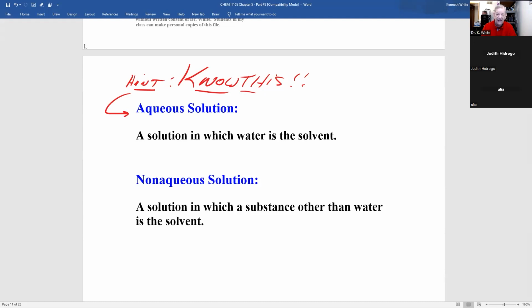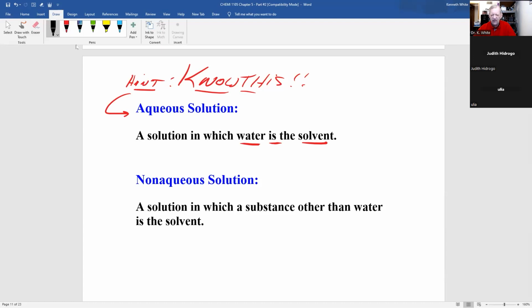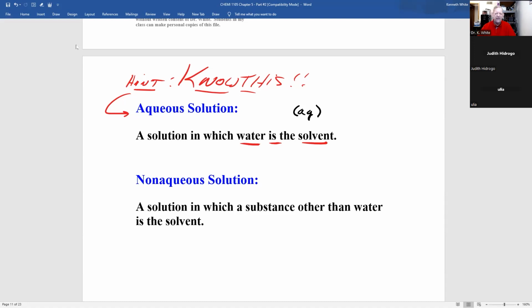Aqueous comes from the Latin aqua, water. It's shown where you'll see bracket, A, Q, close bracket, and that stands for aqueous solution. Whenever you see this in a formula, that means water is the solvent.